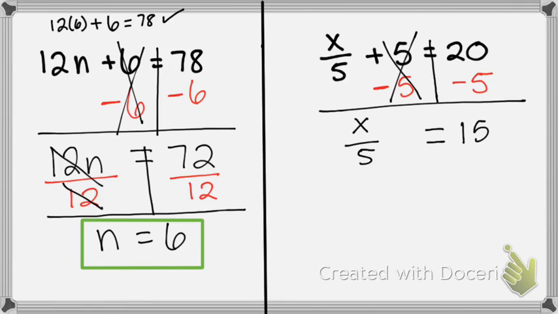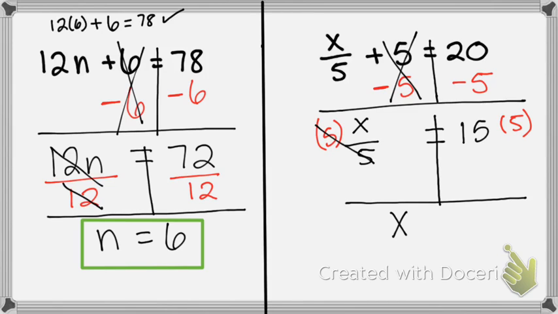Remember, this is 2 steps, so I need to do the other step one more time. In this case, we have a division, so we're going to multiply by 5 to get that x by itself. The 5s cancel out. You're left with x equals 15 times 5, which is 75. That is our answer.